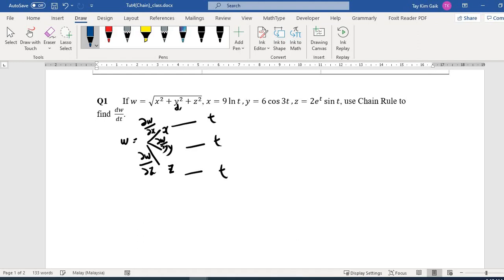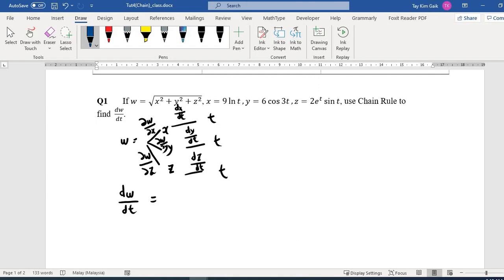So here you find dx dt, dy dt, dz dt. That's why if you plug in x, y, z in terms of t, lastly w is only a function of t. That's why what you can obtain is dw dt. Okay, this is d, because w lastly is only in terms of parameter t.